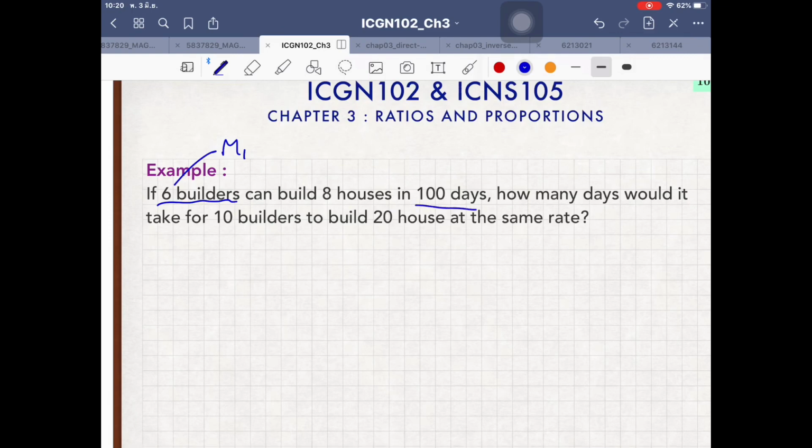All right, 800 days will be the value for D1. From the formula, M and D, they will have the same subscript on each side of your equation. All right, so now you have 6 times 100.